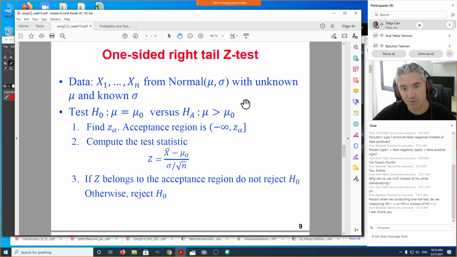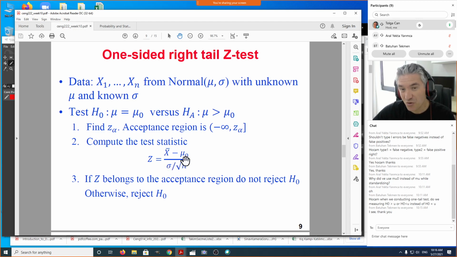If our alternative is like this, it becomes a right-tail test, then the entire region to the left-hand side, from minus infinity to z alpha, is our acceptance region. We are going to accept it as normal. Only if the z value that we compute from the sample, if x bar is significantly larger than mu zero, is going to give us a very large z value, like 5, 6, 8 standard deviations larger than mu zero.